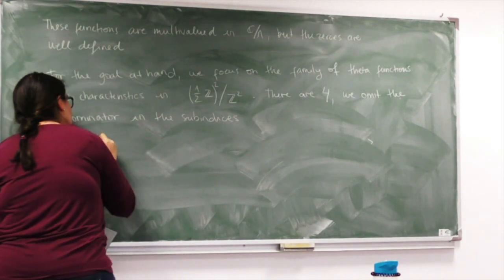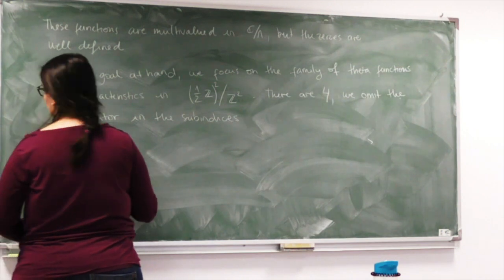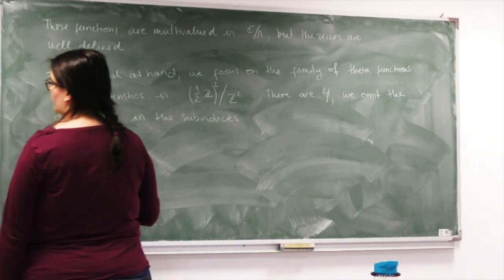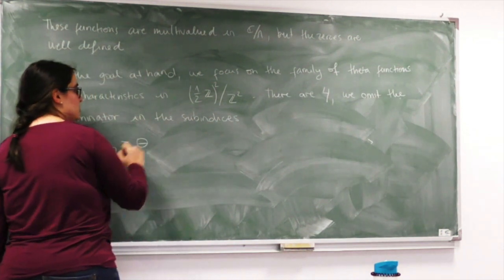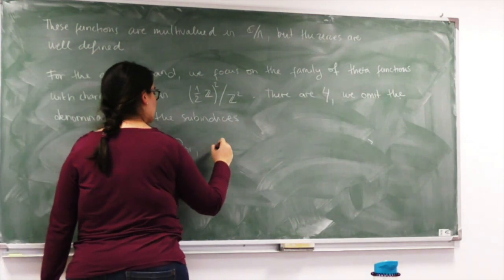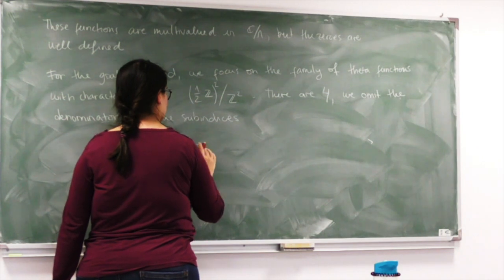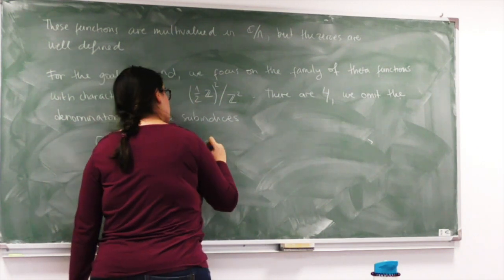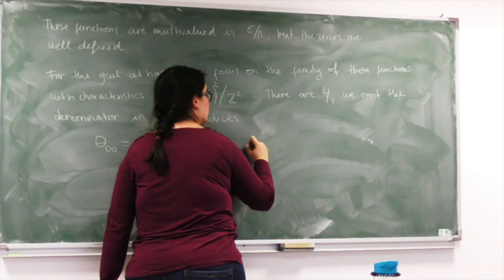So basically we have theta of 0, 0, which is simply the theta function normally, theta of 0, 1, theta of 1, 0, and theta of 1, 1.